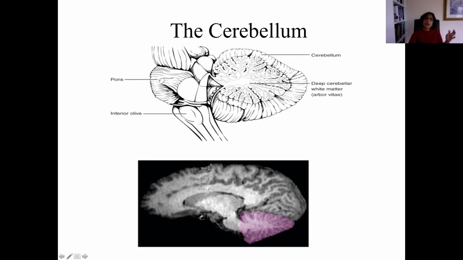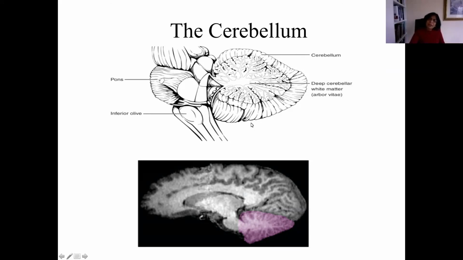Here you have a unique type of neurons. Their cell bodies are with dendrites that are extensively branched, and they are called Purkinje fibers. They give an appearance that resembles the arbor vitae, that's like a pine tree. So that is the appearance here.